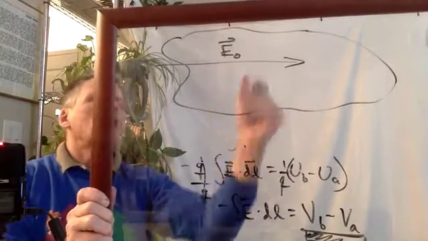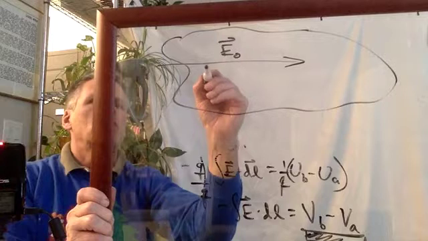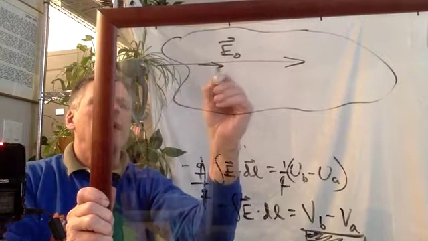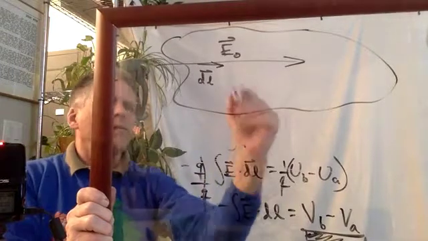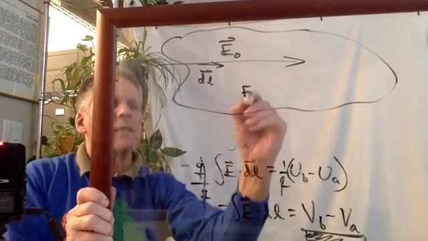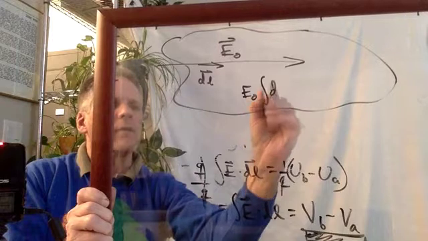And so if I am looking in this certain direction, this will also be my dl. And so my E dot dl is just going to be E0 integral of dl.